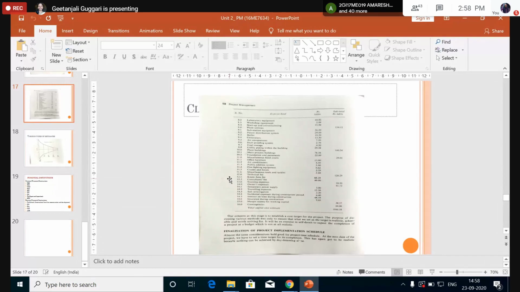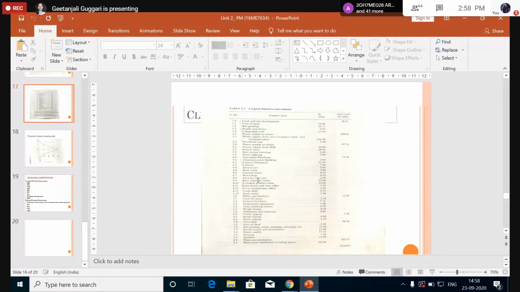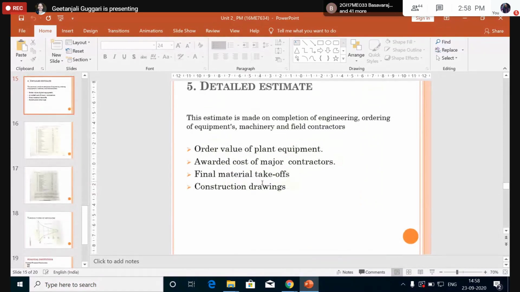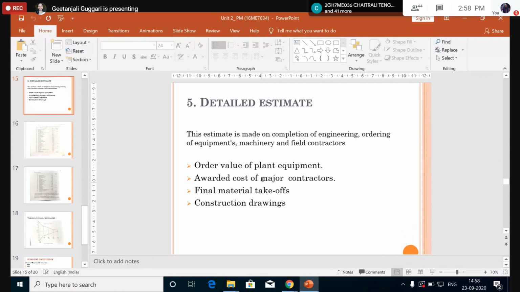Then the last feasibility study, we need to go through the project profitability. Here also we will come across different profitability methods to find out whether the project is economically viable or not. For that, we are using different methods.